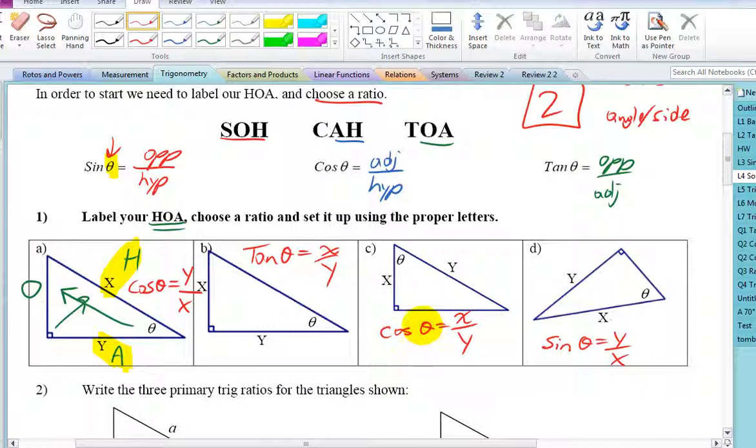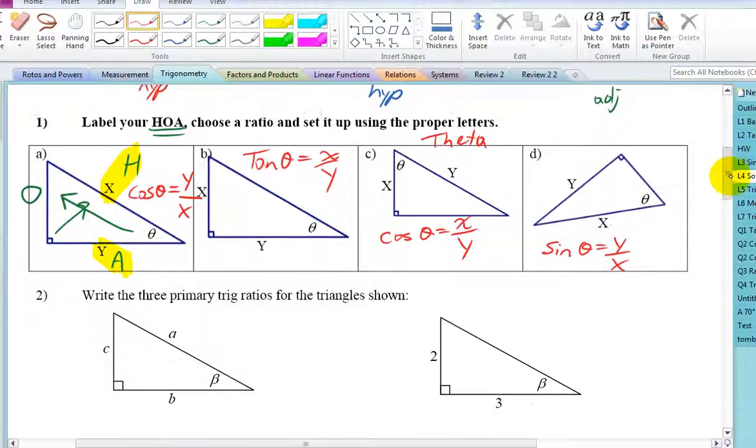C is cos theta. Remember that's theta. Cos theta equals x over y. Sine theta equals y over x. Any questions?